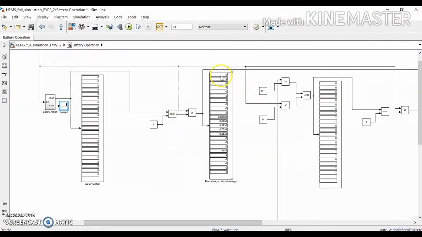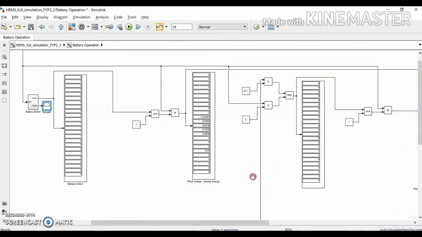At each hour we can see the battery absorbing energy from the renewable energy.